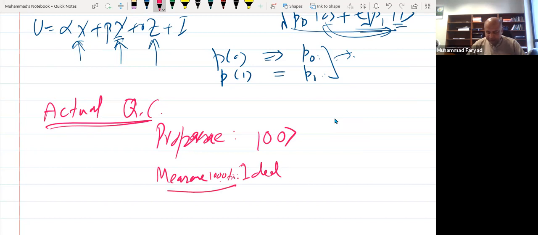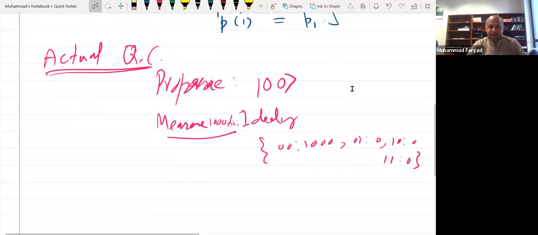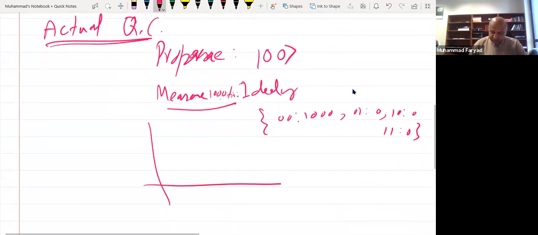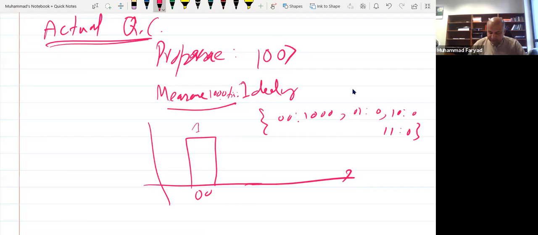Ideally I should get 0,0 1,000 times, and 0,1 should be 0, 1,0 should be 0, and 1,1 should be 0 as well. This should be my ideal measurement. Or if I plot its histogram, 0,0 should have probability 1, and 0,1, 1,0 and 1,1 should have 0 probability.